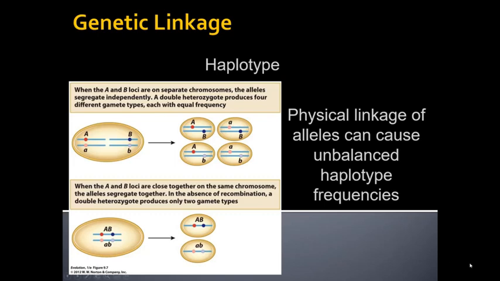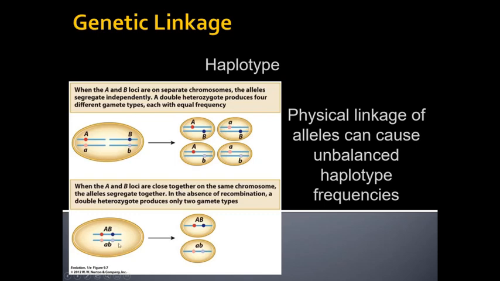If we have physical linkage of haplotypes or different alleles, then they're almost always going to be inherited together. Notice that if I have the A gene and the B gene on different chromosomes, I get this nice predictable interaction. And this is what Mendel was doing with his peas. I get 25% homozygous dominance, 25% homozygous recessive, and then I mix up these others.